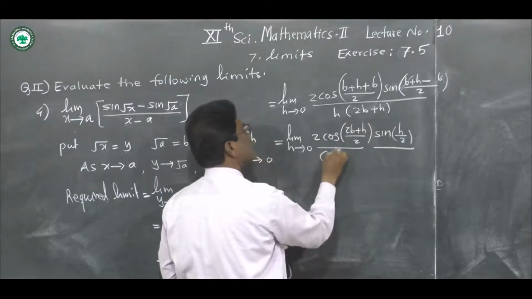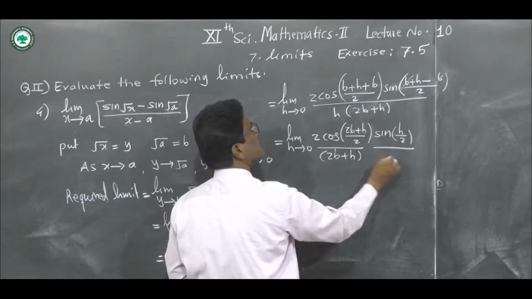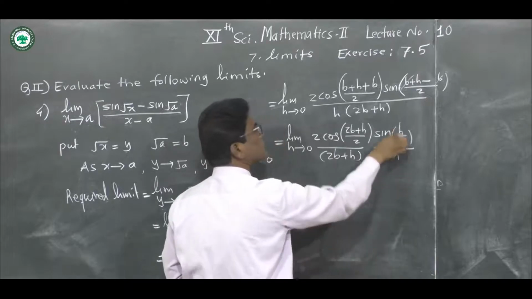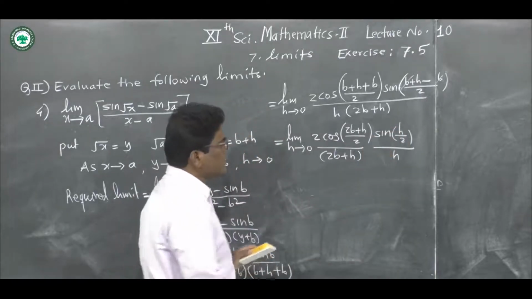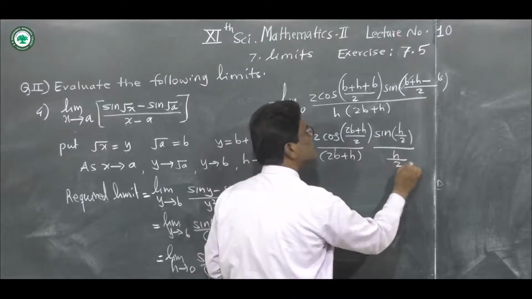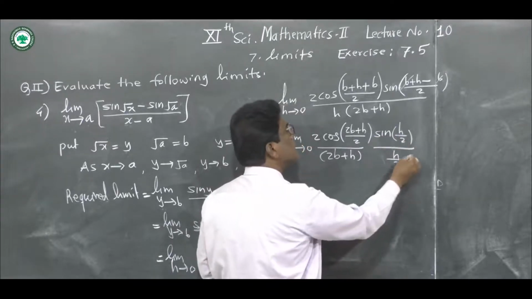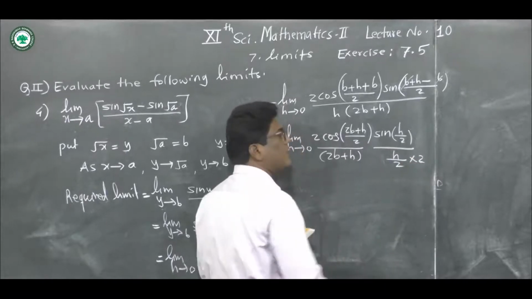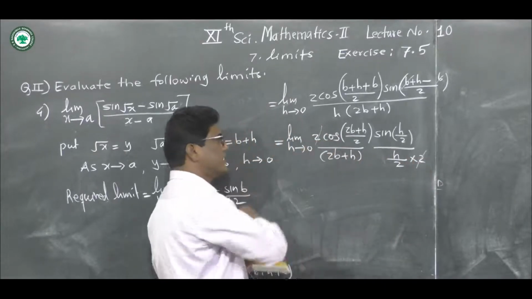We write here twice b plus h and write this h below this sin because we use here the standard formula. Now here sin of theta, here h by 2, here should be h by 2, we adjust here 2, so multiply by 2, okay, and now this 2 and this 2 get cancelled to each other.